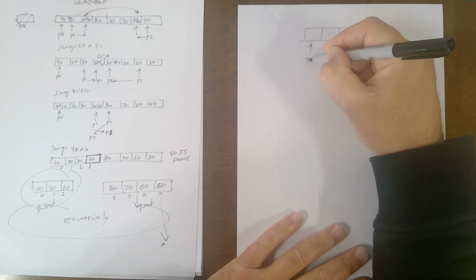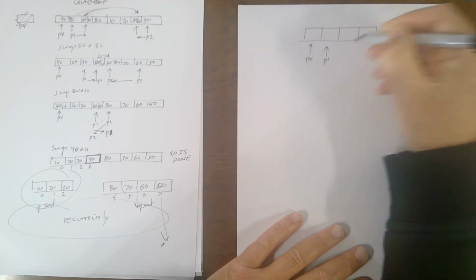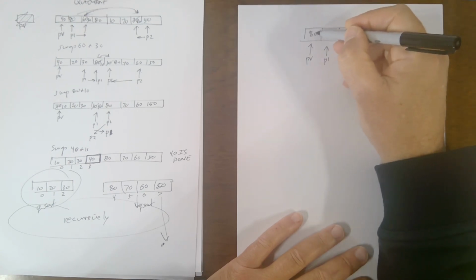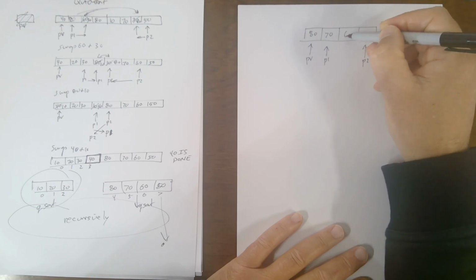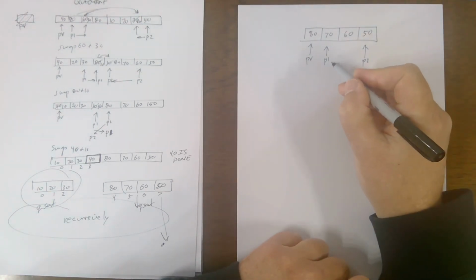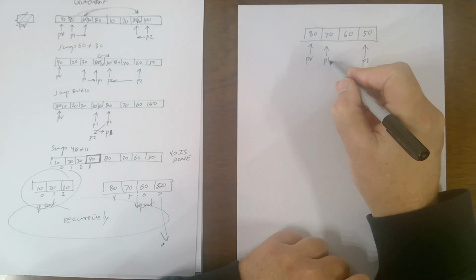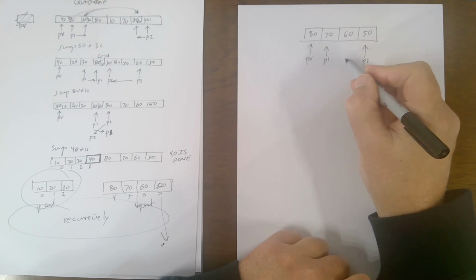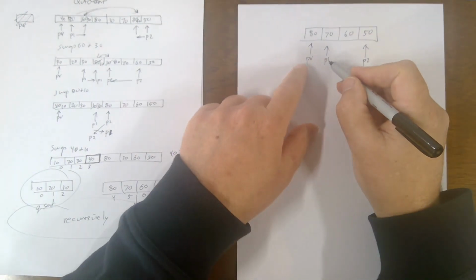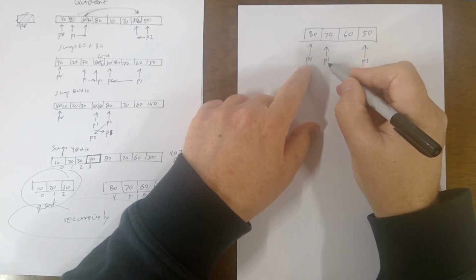So here's the pivot. This is P1. This is P2. This has 80, 70, 60, and 50. We're going to move P1 to the right, looking for something bigger than the pivot.